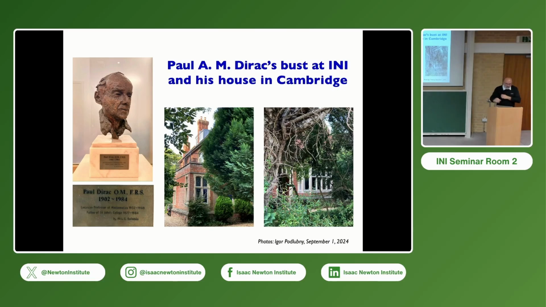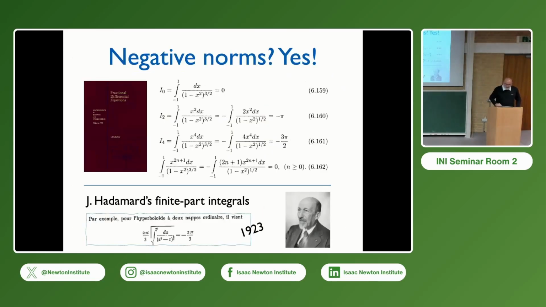Also, this is the bust of Dirac that you can find here near the reception. OM here means Order of Merit, and this is a very interesting order because it allows only 24 living members at any instant. So Dirac was also a member of that order.